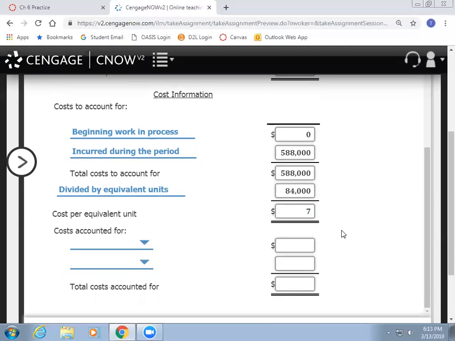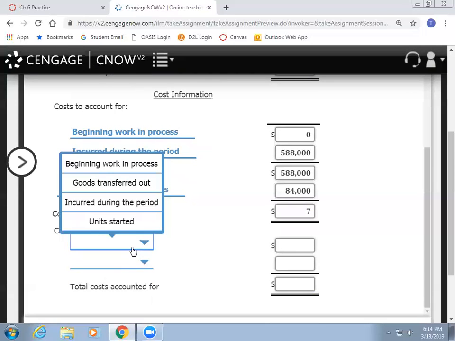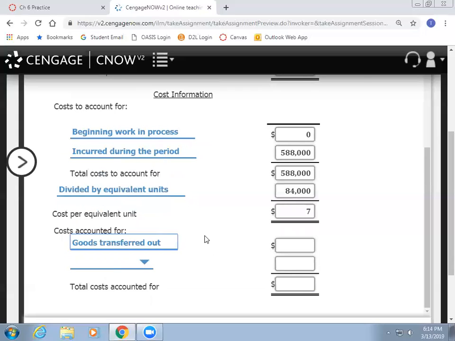So once I'm able to get my equivalent units of production, I can easily take my cost for the period, divide them by that to get my cost per unit. So then to account for costs, we would start with goods transferred out. And we had 75,000 goods that were finished and transferred out at $7 each.